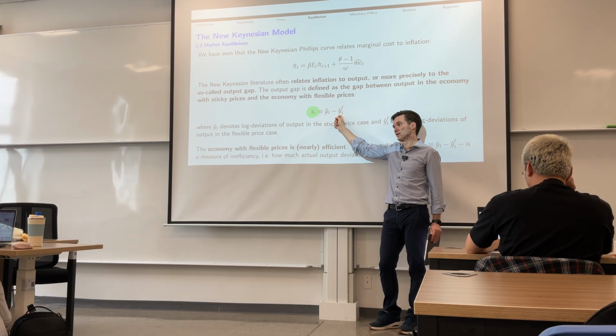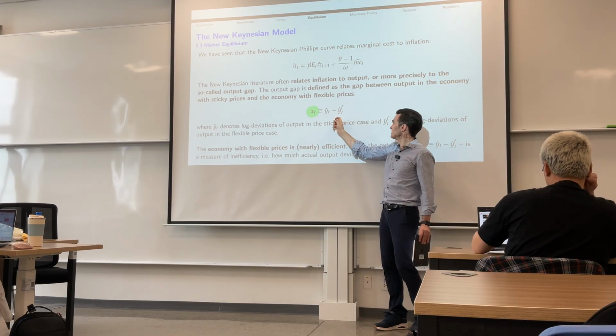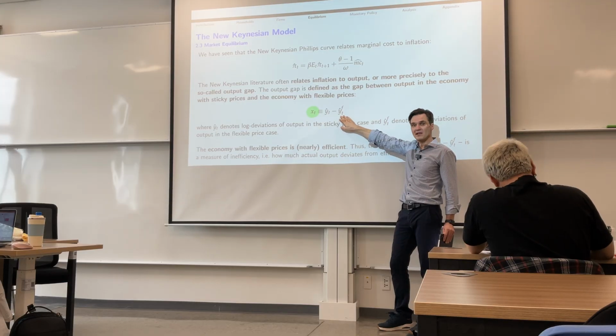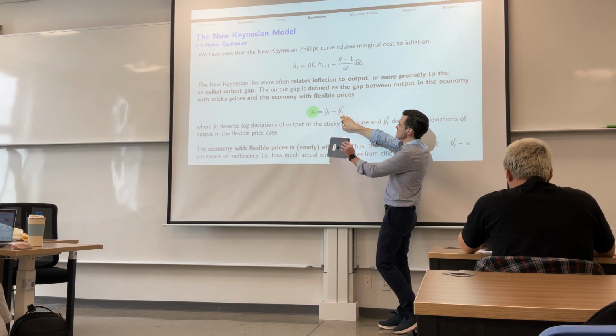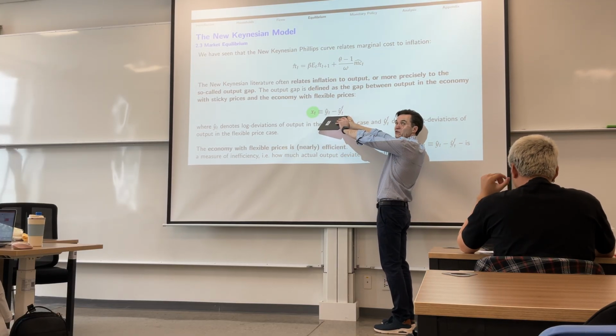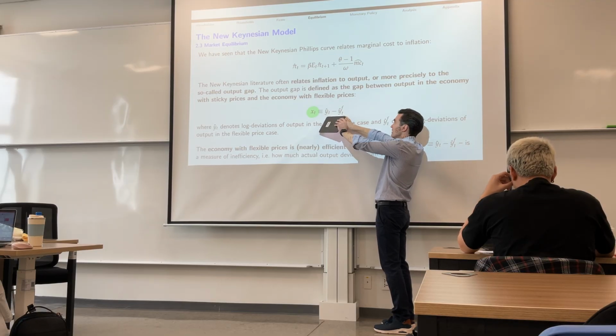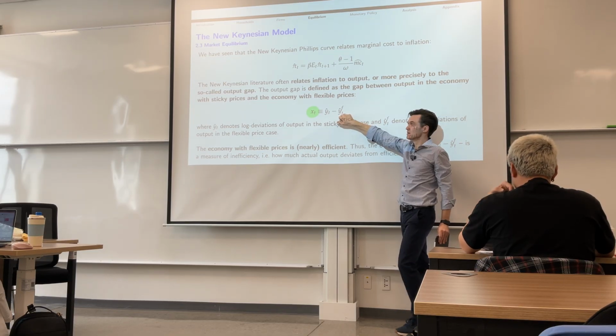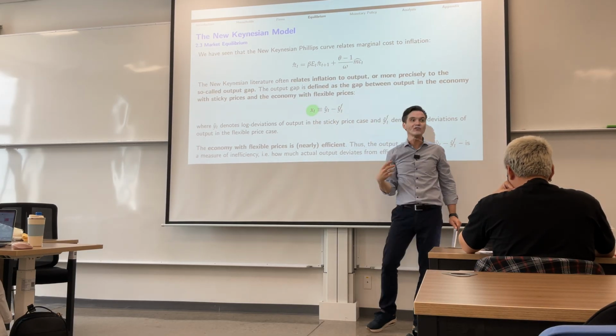So this is hypothetical, this is welfare maximizing. We cannot live in that world. But can the central bank make our world in which we actually live look like the efficient economy? That's the key question. So this output gap measures that.